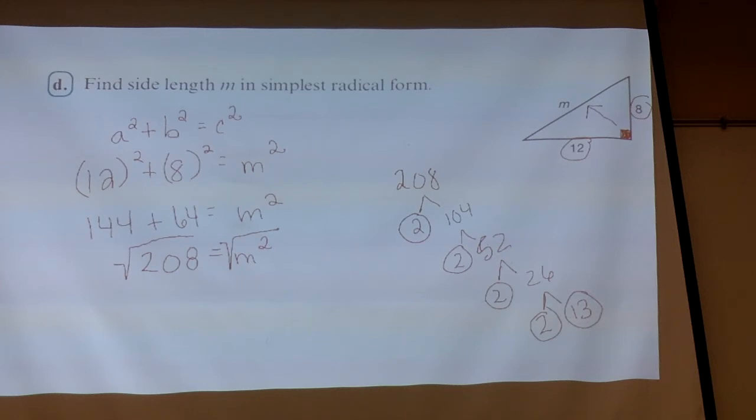So we've got 4, we can say the square root is 4 times 13. And I know that 4 has a perfect square, so I'm going to pull 2 out of there. So the square root of 4 is going to be 2. Actually, we've got 2 times 2 is 4, and 2 times 2 is 4. So we've got 16 under there. Whoops.